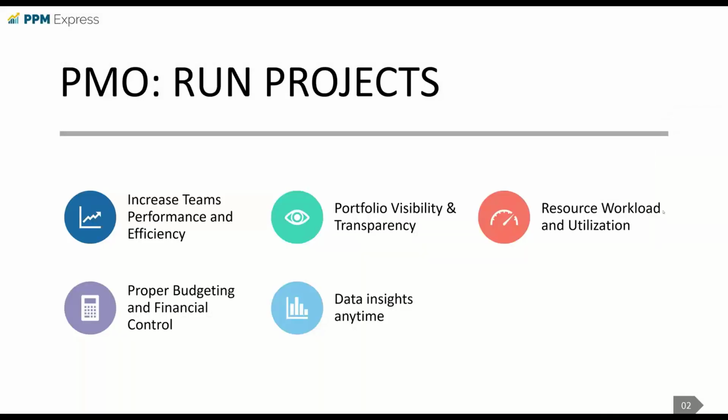If you look at PMO and the requirements for project portfolio management in an organization, this list can be indefinitely big, but there are a few main things that companies want. They want to make sure that their teams and employees are delivering projects with the highest possible efficiency.